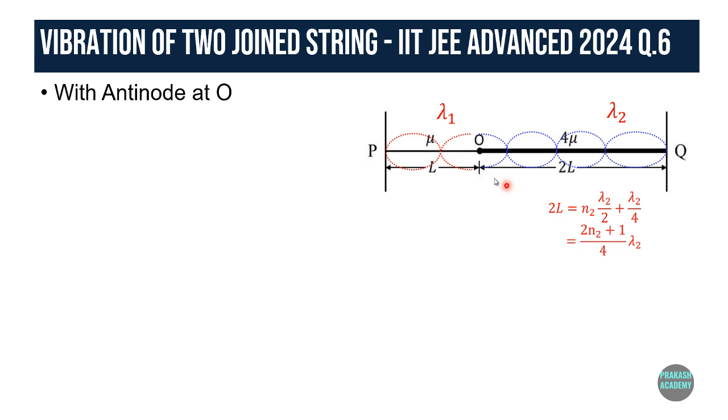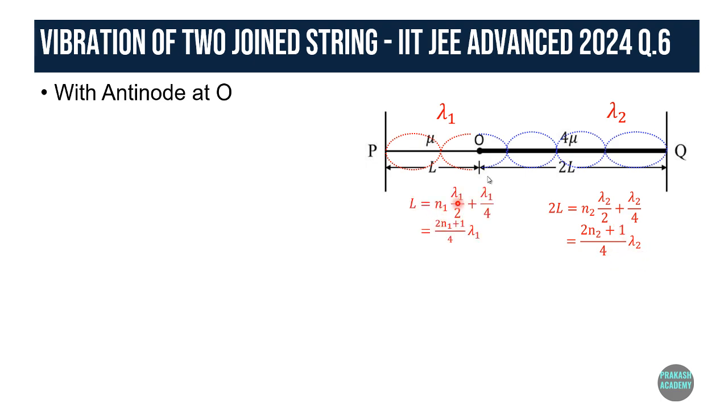What can I write? This length is 2L, and this will be equal to, let us say we have N2 number of loops, N2 times lambda 2 by 2 and 1 extra, that is lambda 2 by 4. So we can write 2L is equal to (2N2 plus 1) by 4 times lambda 2.